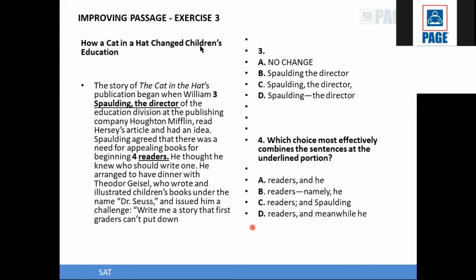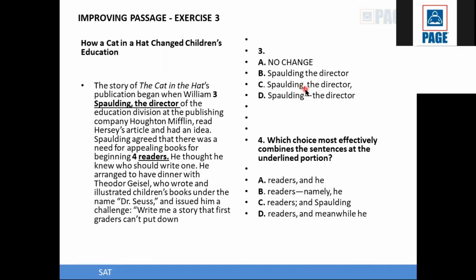They're just telling who this person is. He is the director of what? Of the education division of the publishing company. That's what they're talking about. So if you put a hyphen, you're going to speak further about this person. After the hyphen here, they just explained who he is. So we can have a comma instead of a hyphen.